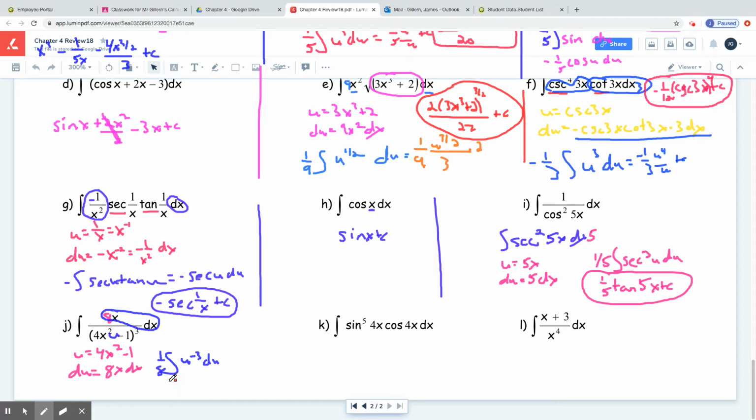So it's 1/8 u to the negative second over negative 2 plus c. So my final answer would then be negative 1 over 8 times 2 is 16. Move this to the bottom, which is 4x squared minus 1 plus c. There's my answer.